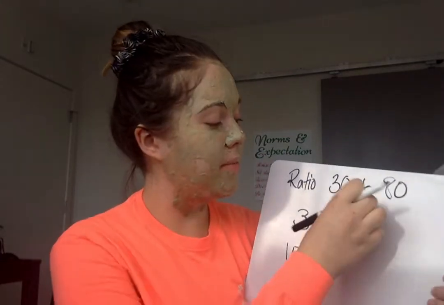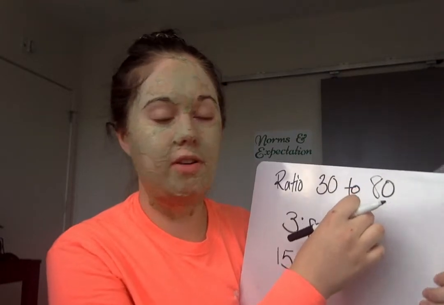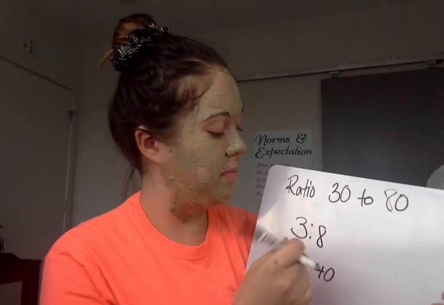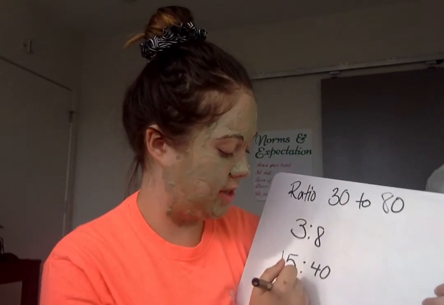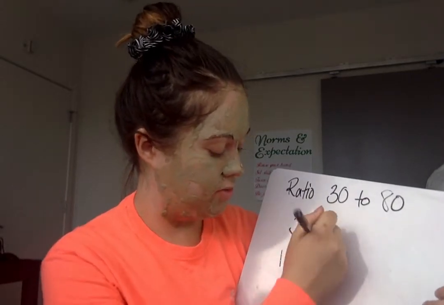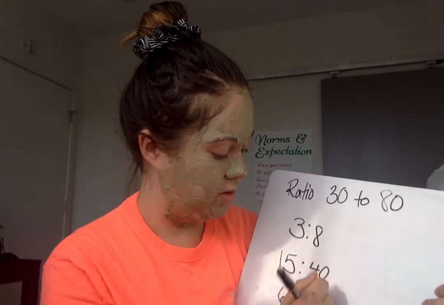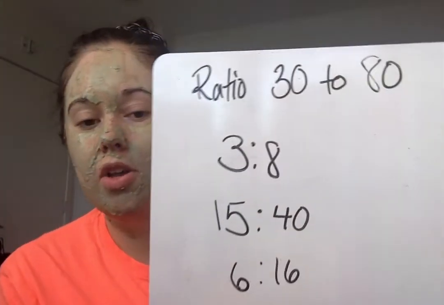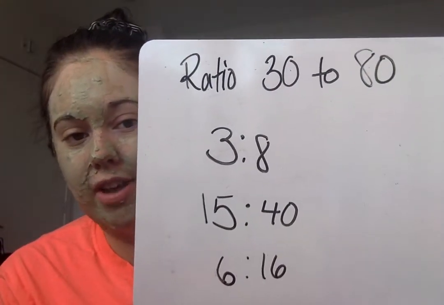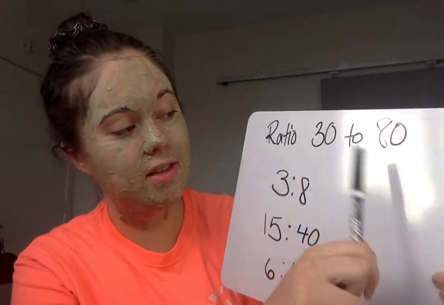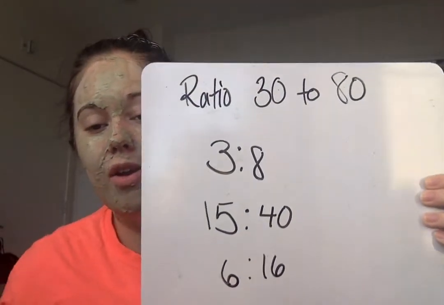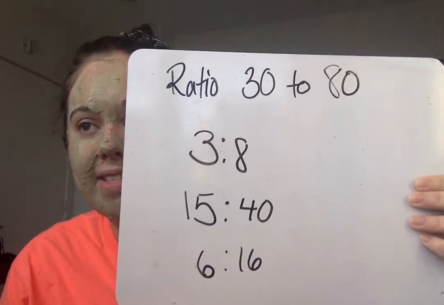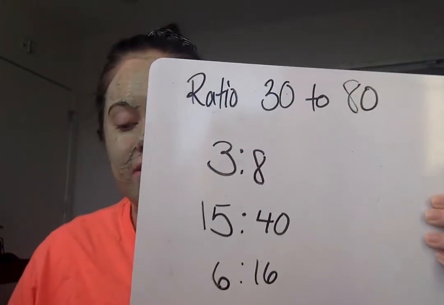I could even make an equivalent ratio that's still scaled down, but it's going to be a scale up from this. So I could double this one. So 6 to 16. There's 3 different ratios that would be equivalent to 30 to 80. They're equivalent, but scaled down.